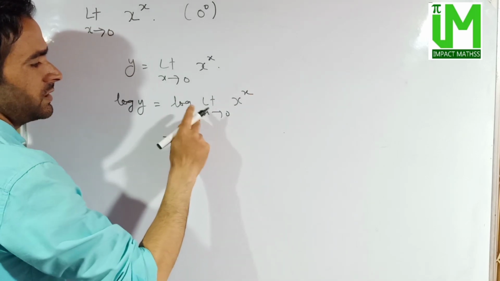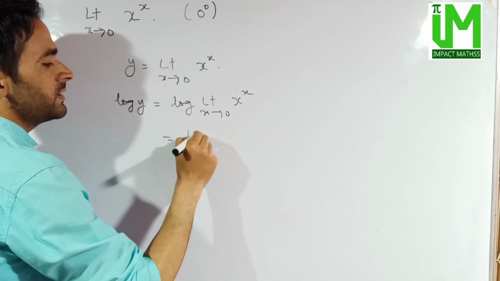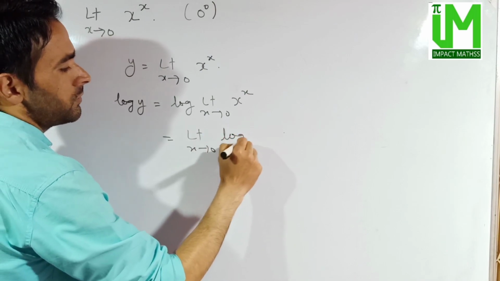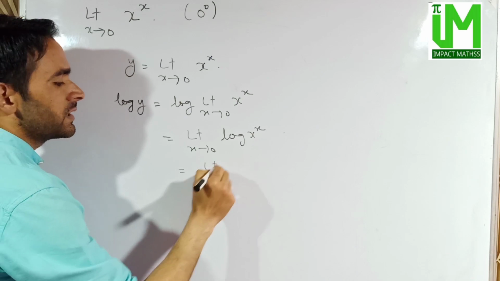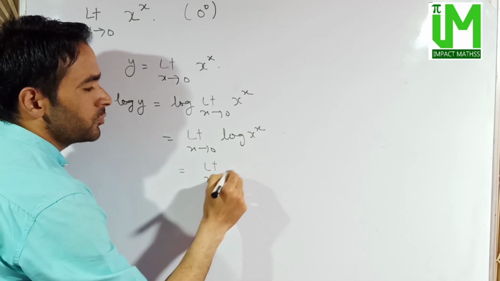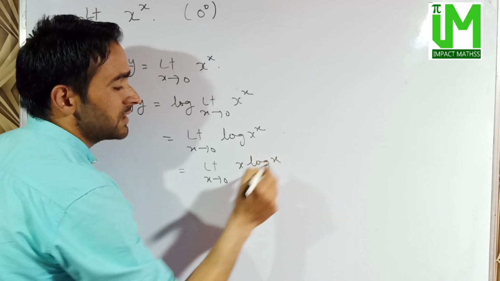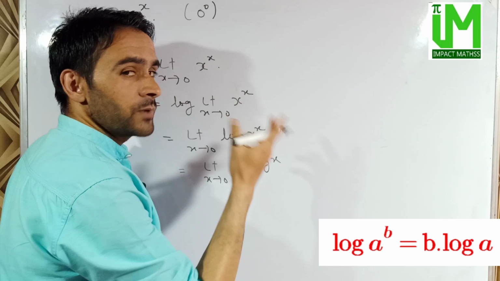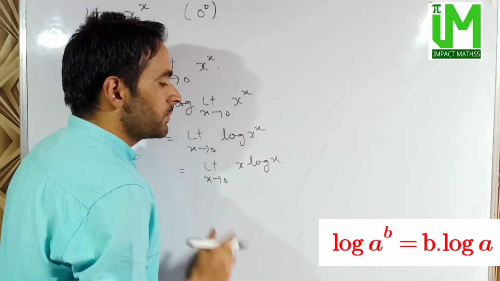And this will be limit of log, so it will be limit x approaches to 0, log of x raised to power x. And we can further write this as limit x approaches to 0, x log x, because we know log of a raised power b is b log a, so x will be multiplied in front.